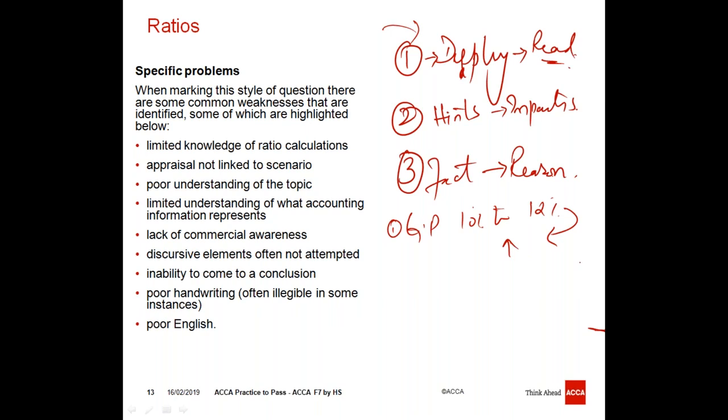And you should incorporate the hint in all your answers. But you should know which ratios that hint affects. Suppose the gross profit is affected by the hint, then you have to calculate the gross profit with that hint and without that hint.